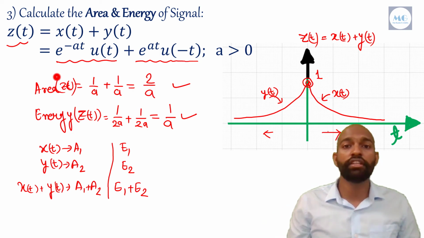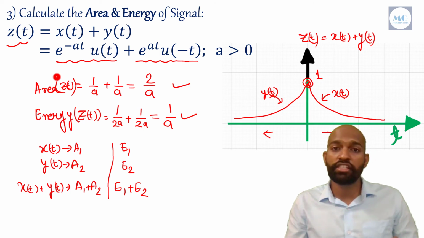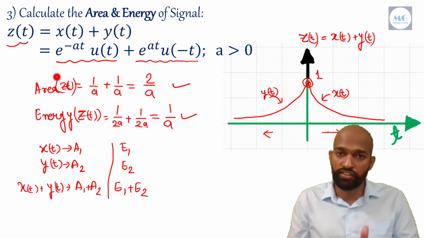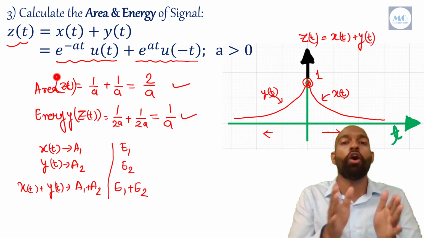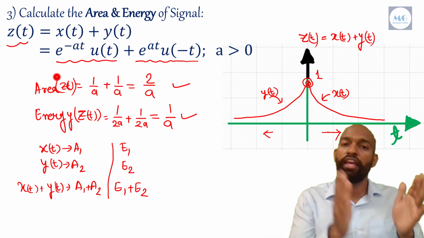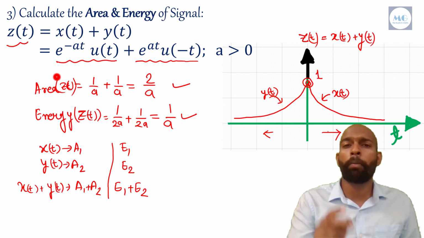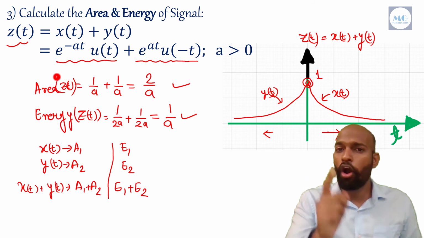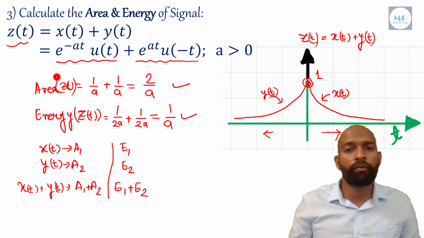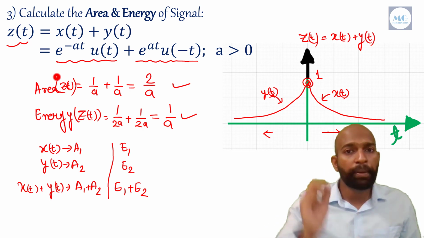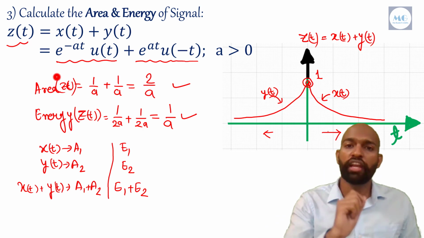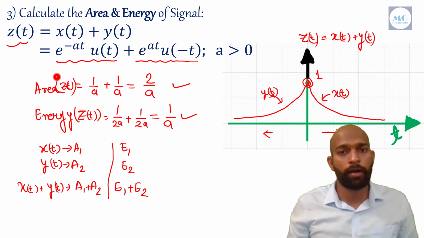The second property is that the area and energy for the sum of two functions will be the summation of their respective areas and energies. You must keep both of these properties in mind and always apply them whenever required. It will definitely be useful in your GATE exams and other exams.